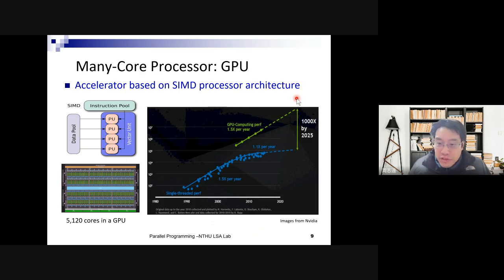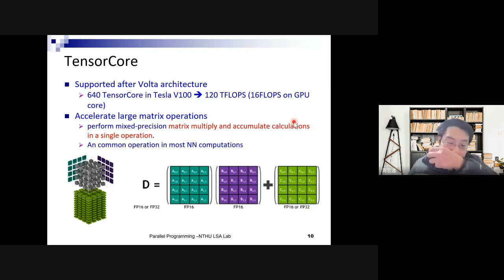Okay, so you can see in this graph that just in the past 10 years, the computing power of GPU has already grown more than 1,000 times. So that's why we can match the demand of deep learning. And that's why GPU became really important for deep learning.